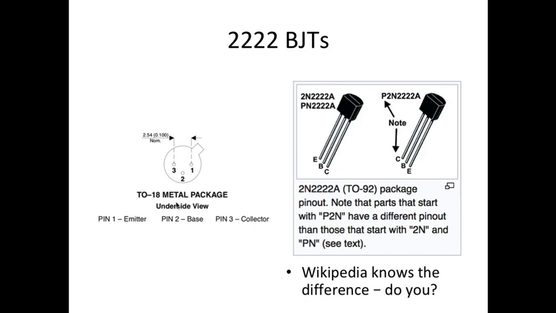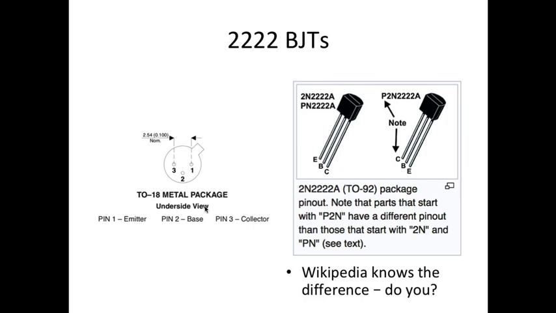The specific BJT that we're going to be working with is the 2222, often called the 2N2222, and you can get it in 3 different kinds of packages. There's a metal can package, and the data sheet shows you a picture from the bottom.